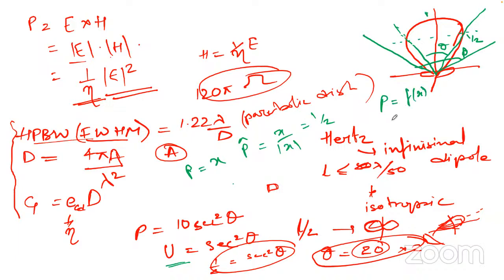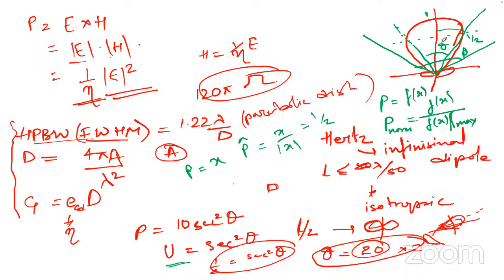Then the normalized p norm will be f of x divided by f of x max. This is what power normalization means. And then whatever is there, equate with half. Now, if you are equating with half, you are finding only this angle, but you need both sides. That's why we multiply it by 2. Okay, got it?